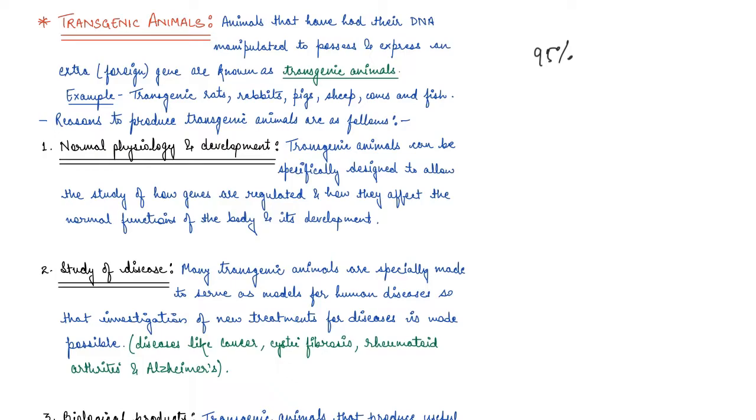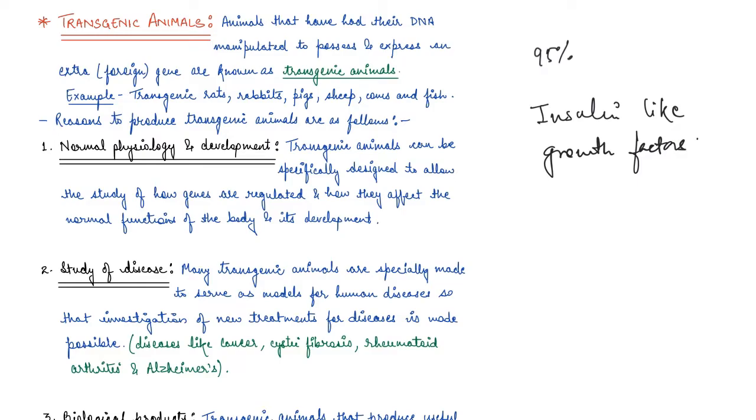So basically, guys, the first one being normal physiology and development. Transgenic animals can be specifically designed to allow the study of how genes are regulated and how they affect the normal functions of the body and its development. Say, for example, there is a study of complex factors which are involved in growth, such as insulin-like growth factors, right?